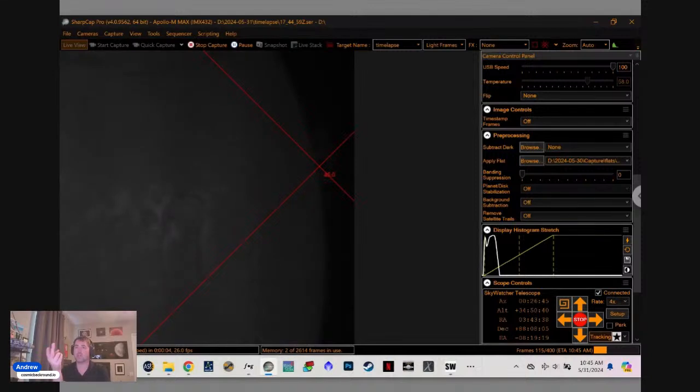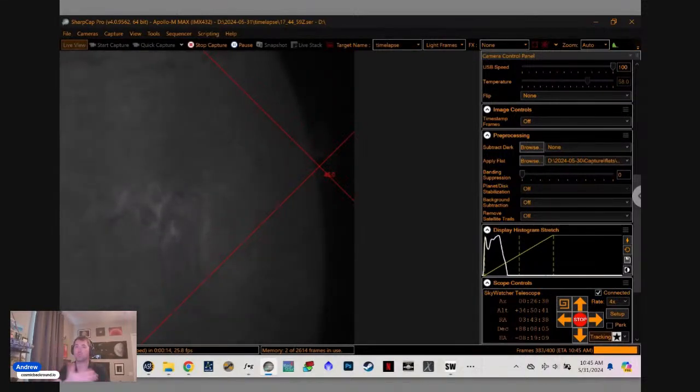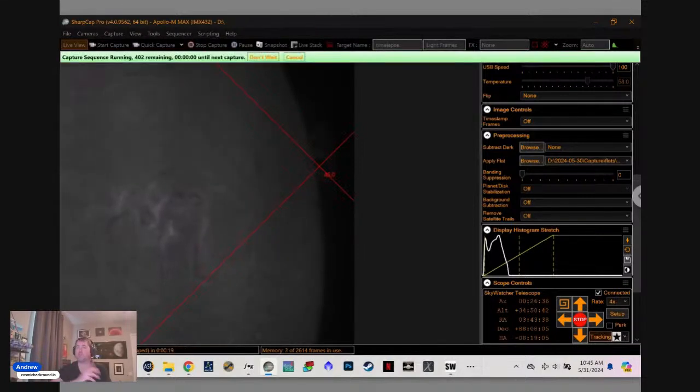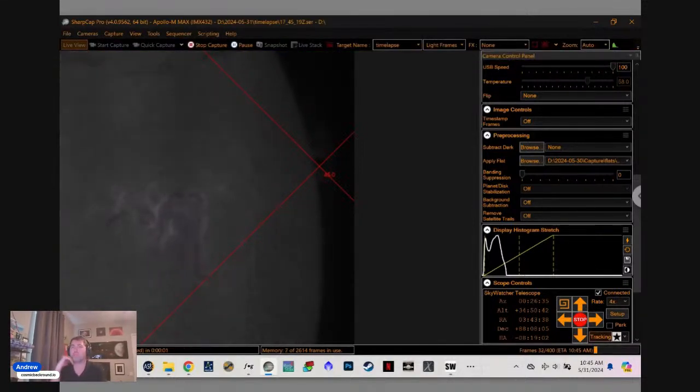So you reassign the hydrogen to green and leave the sulfur as red, and that gives you a much more dynamic image with much more visual information. It's much more useful for scientists, and they're pretty too. I mean, both images are pretty, in my opinion. I think there's no wrong way to shoot a nebula. I personally like the false color route because there's just much more going on in those images.